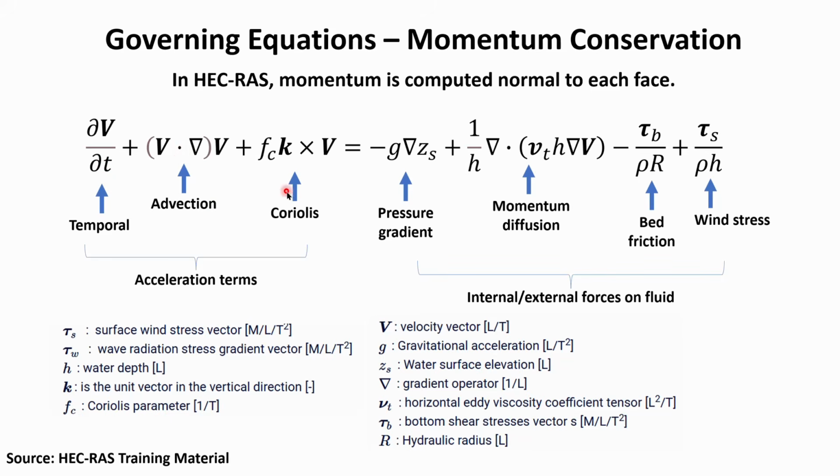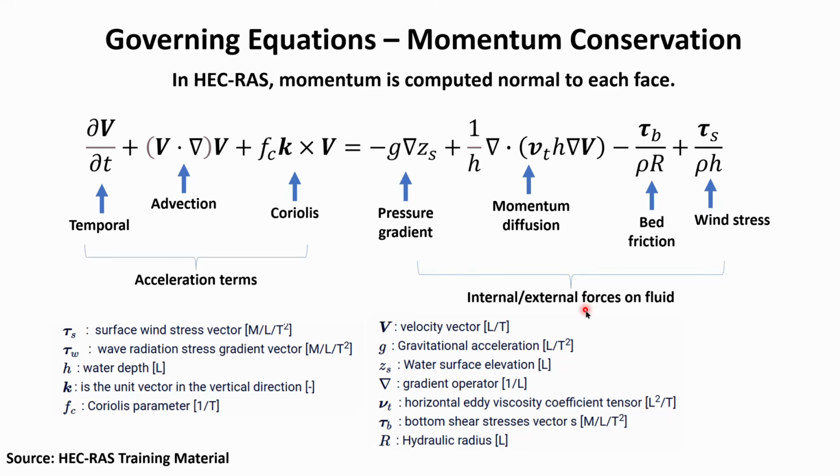So we have the Coriolis force here, then we have the pressure term, then we have the bed friction or energy term, then we have the momentum diffusion, we have wind stress. And if we think broadly, on the left-hand side, what we have are the acceleration terms, and on the right-hand side, we have all the internal and external forces acting on the fluid.